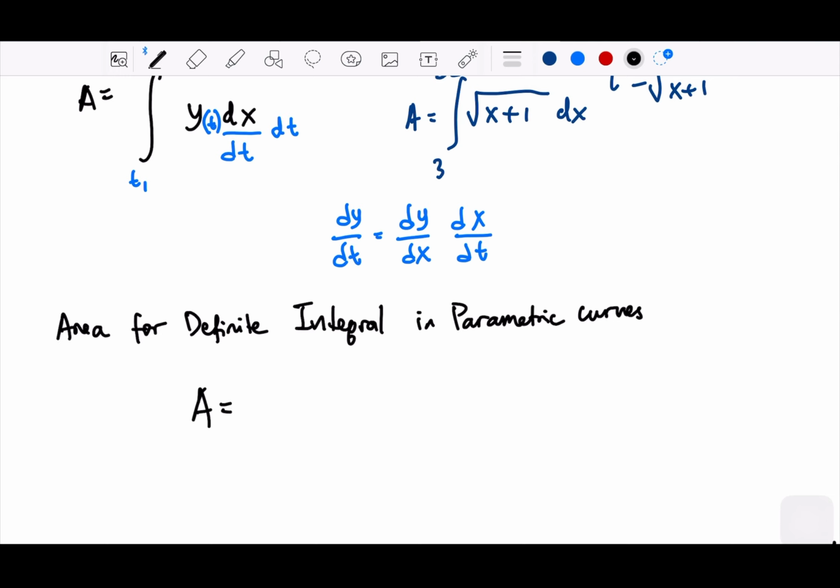We could state first the usual or original equation, the integral from a to b of y dx, and this equals an integral, and I will use the same symbols as in the textbook, using alpha and beta for t.